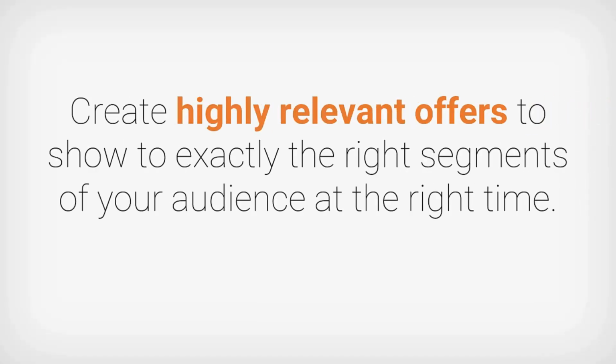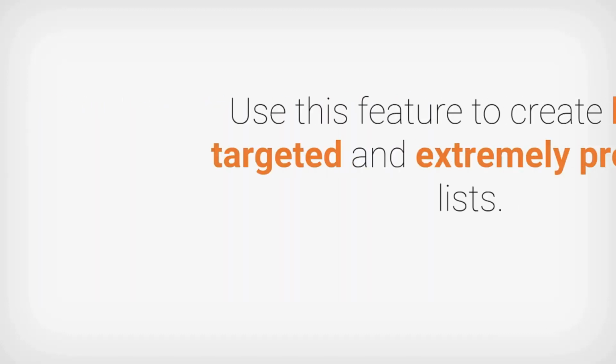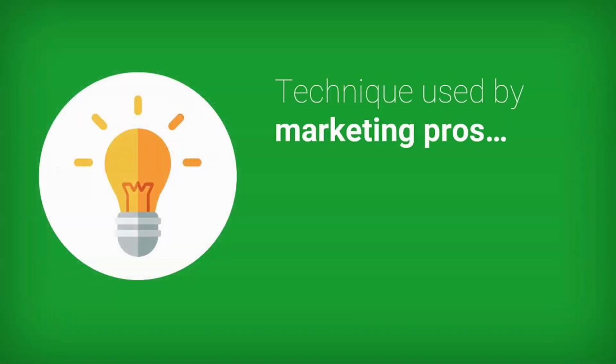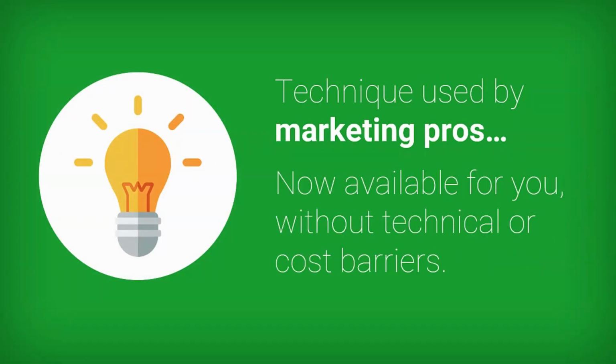With the targeting options, you can create highly relevant offers to show to exactly the right segments of your audience at the right time, and you can use this feature to create hyper-targeted and extremely profitable lists. This is a technique that marketing pros have been using for a long time, and with TL, you can finally benefit from it as well without needing any coding skills or extremely expensive subscription services.